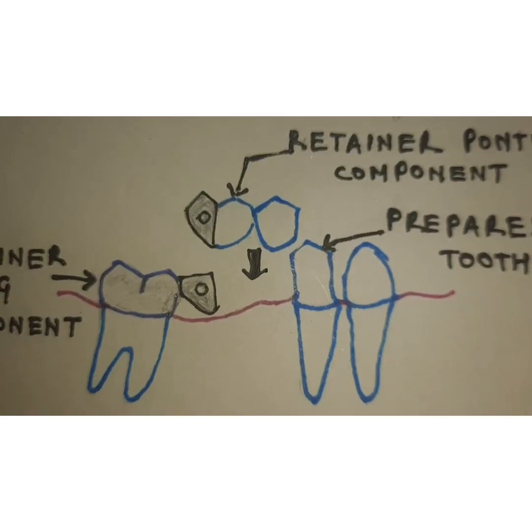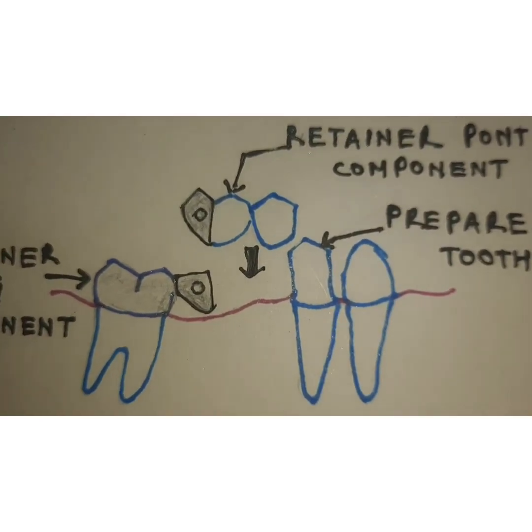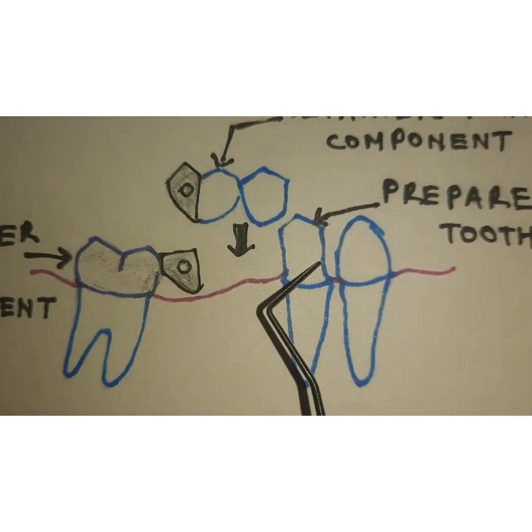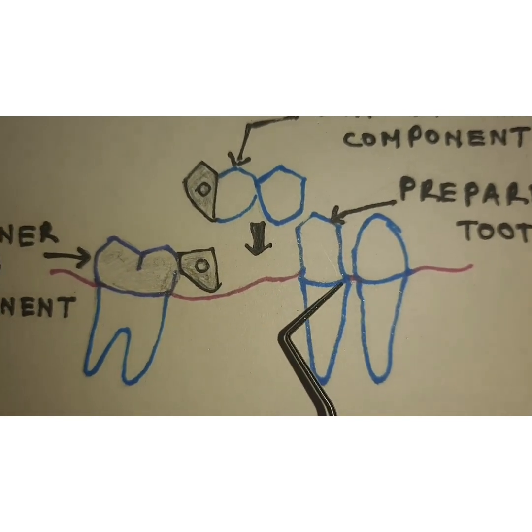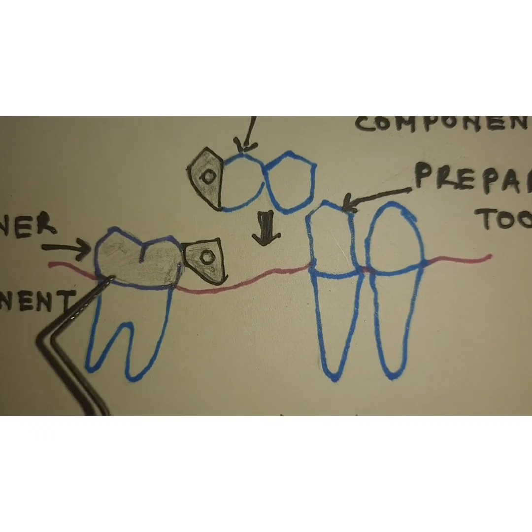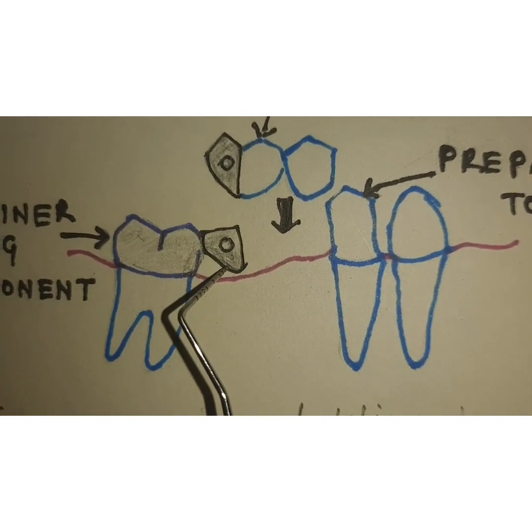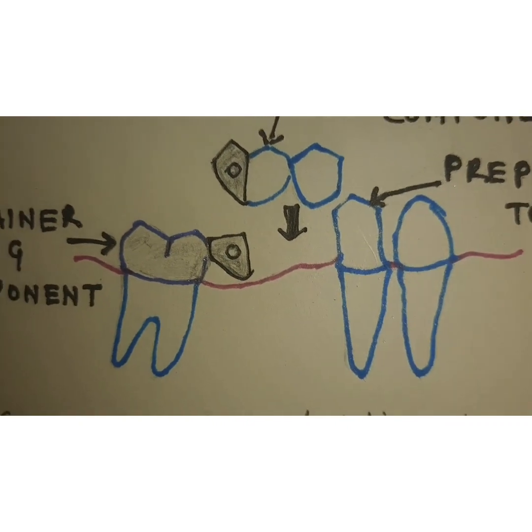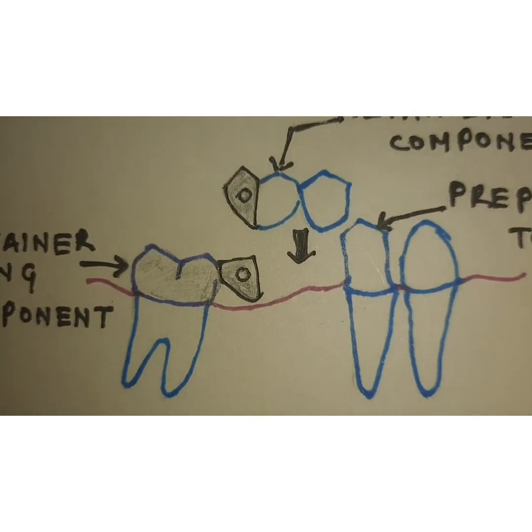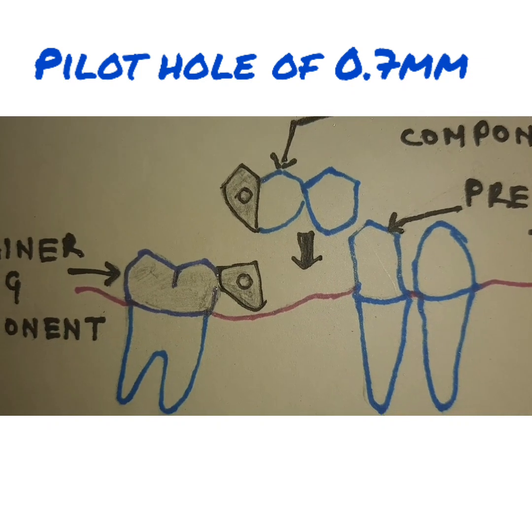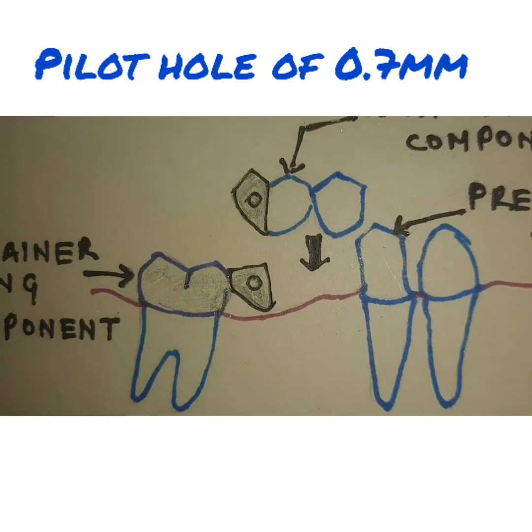So once you have seated this retainer pontic component on the prepared tooth, and you do this on a master cast, then you are going to align this retainer part and join this. Once these are joined, you are going to take a twist drill and drill a hole of 0.7 millimeter in the center of this.